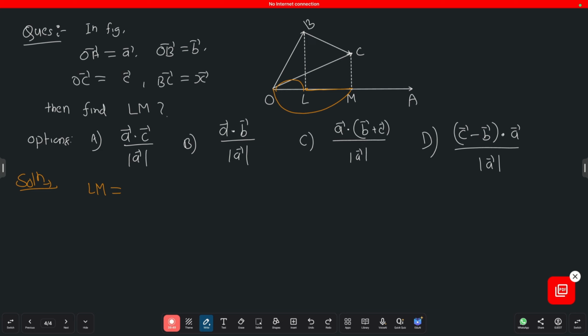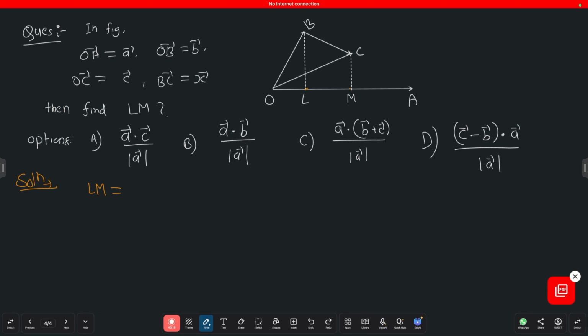And what is OM? If you observe this vector and this is perpendicular, OM is nothing but the scalar projection of vector OC on OA, correct? And how to get this length OL? This is the scalar projection of OB vector on OA vector. So we have the formula, and we can get the answer.